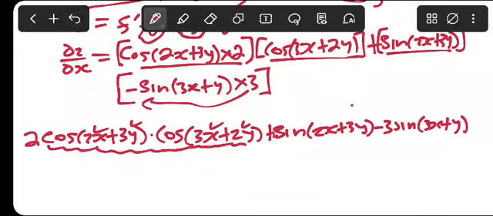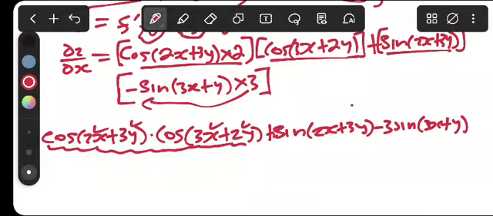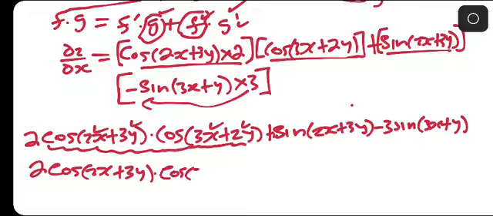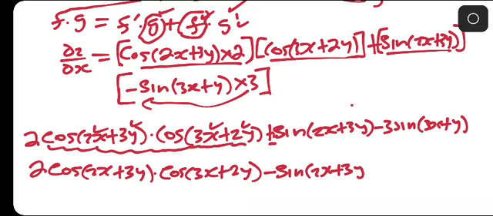So we'll simply have cos 2x plus 3y multiplied by cos 3x plus 2y. All right, this will be negative. This negative will affect this positive because it's multiplication. We have minus sine 2x plus 3y multiplied by sine 3x plus y.